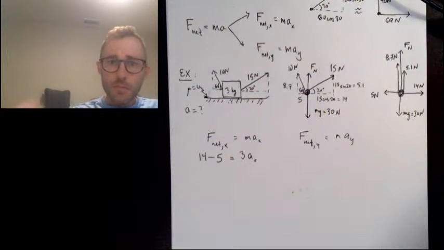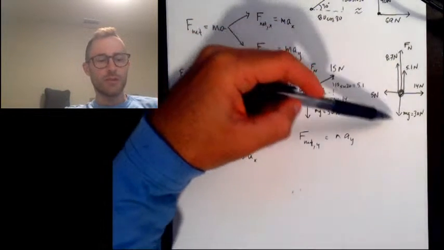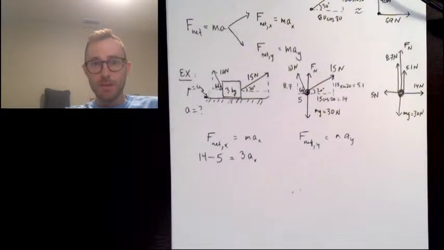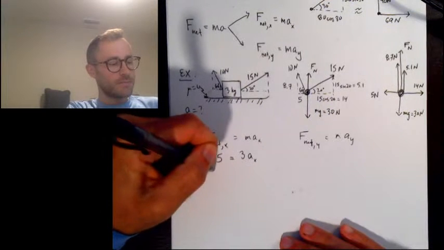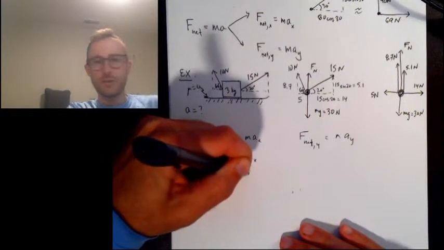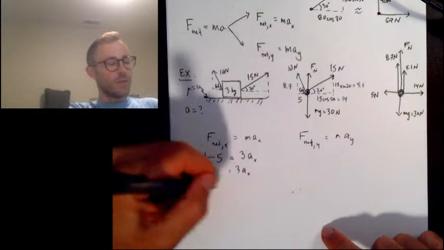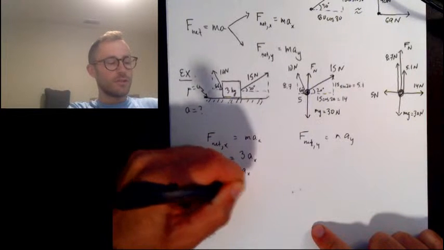Type it into the chat if you know an expression for the net force in the y direction, while I work through this. So 14 minus 5 is 9. So 9 equals 3a sub x. And then I divide both sides by 3, and I get 3 meters per second squared is the acceleration in the x direction.